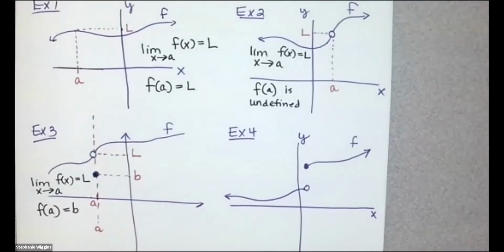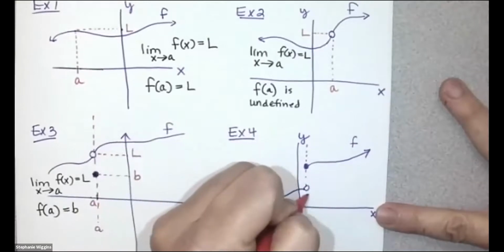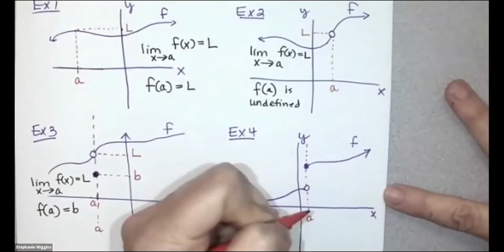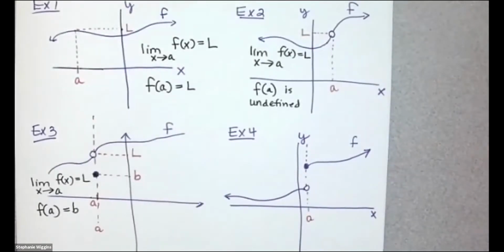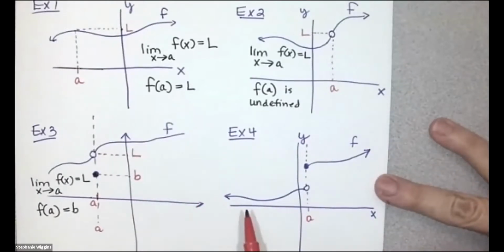All right, finally, here we have a function that has a break in the graph. You'll notice that as we get close to a, on the left-hand side, we're getting close to this height here.